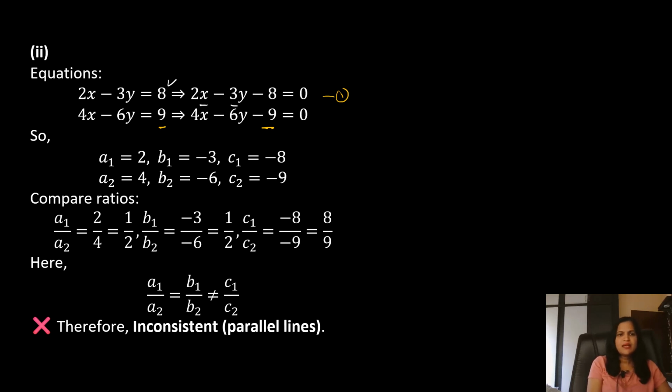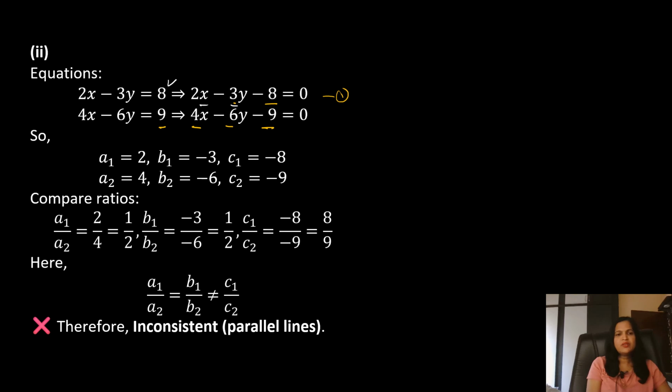So a1 equal to 2, b1 equal to minus 3, c1 equal to minus 8. From this equation, a2 equal to 4, b2 equal to minus 6, c2 equal to minus 9.